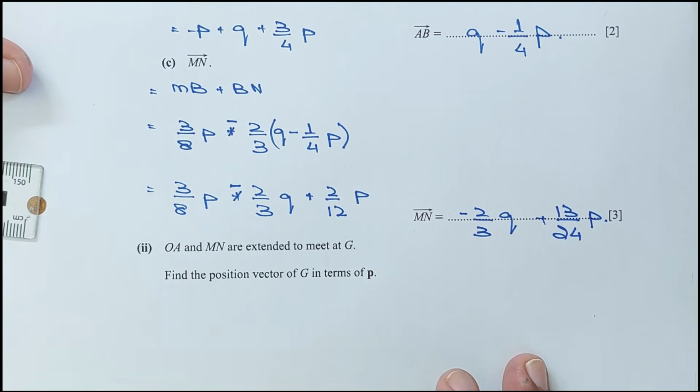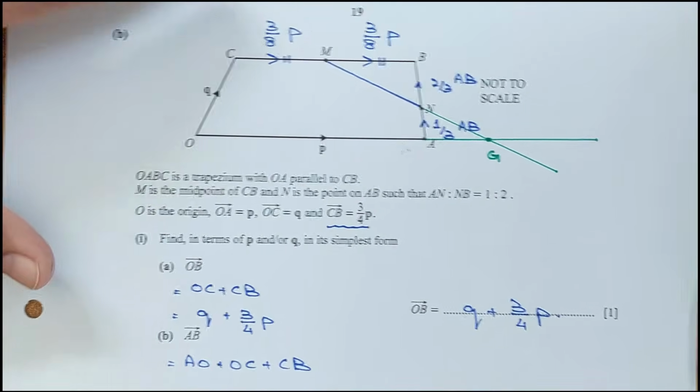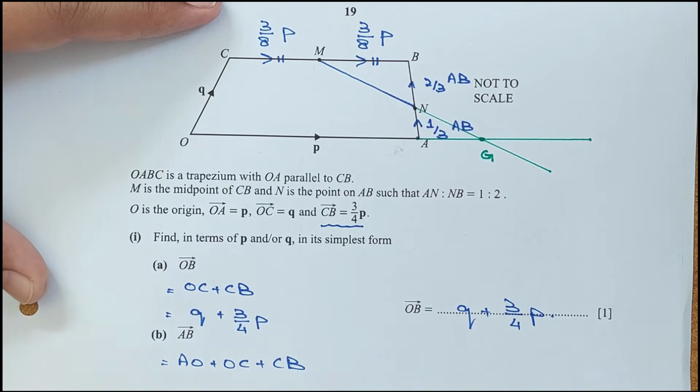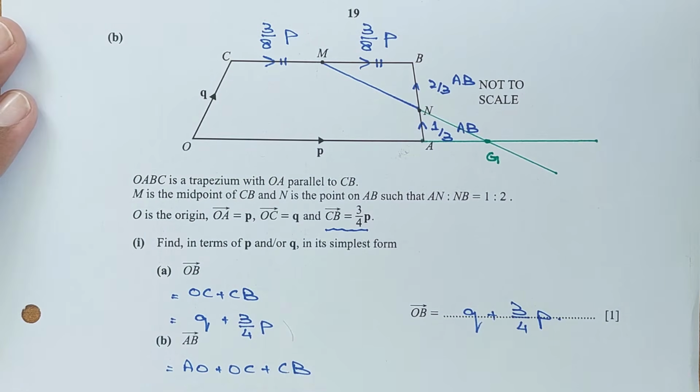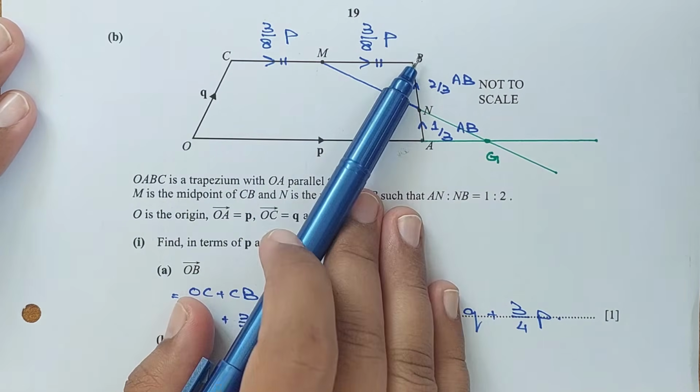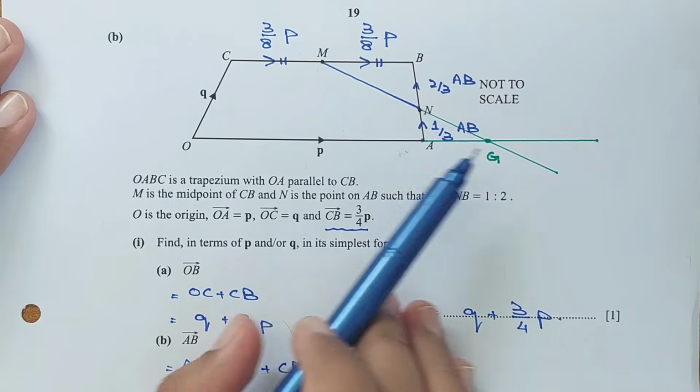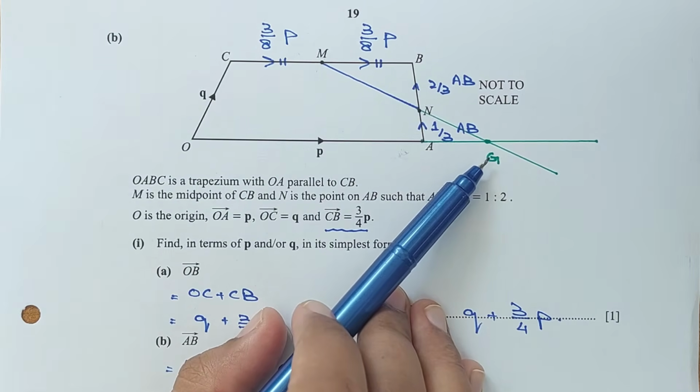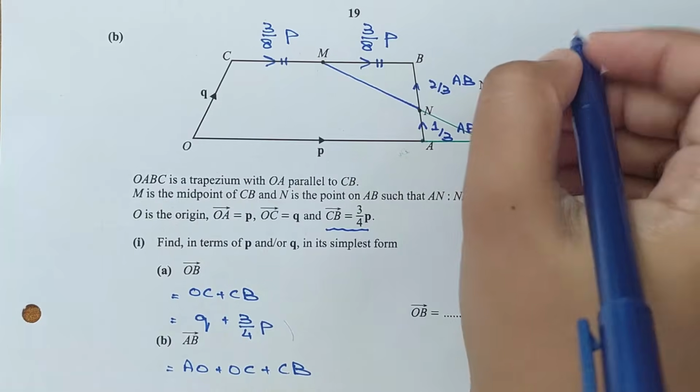Find the position vector of G in terms of P. The position vector of G is basically OG. Now consider the two triangles MBN and NAG. These are two similar triangles, right?